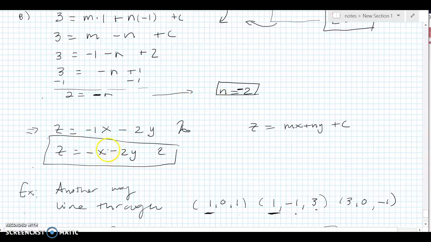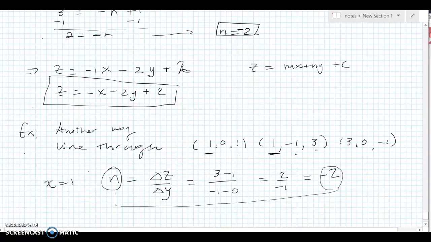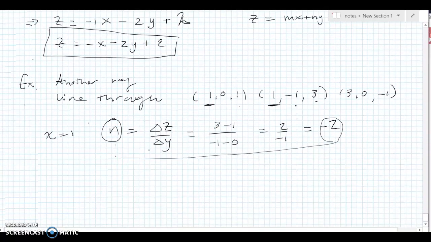There's my minus 2. That was my coughing fit. And c was 2. Let's put back my pluses I erroneously erased. There we go. Okay, so we got that one.